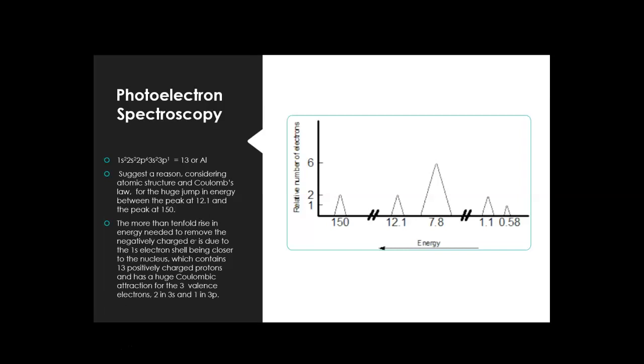The nucleus has 13 positively charged protons, and so at 150, those two electrons are almost impossible to pull off. So you've got to really hit it with probably X radiation in order to get those two electrons in the 1s orbital away.